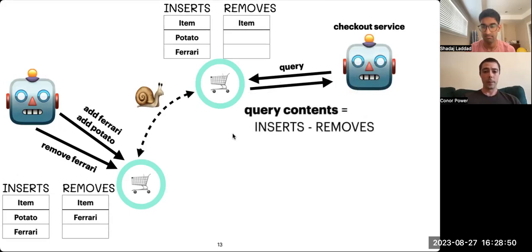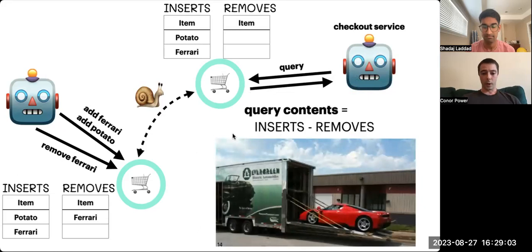When we go to checkout in a coordination-free way where we only read from one replica, the query is subtract the removed items from the inserted items. Of course, we have not learned about the removal of the Ferrari. As a result, we are going to be spending a lot of time on the phone with Amazon customer service trying to get this undone.